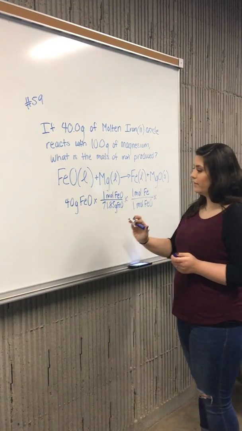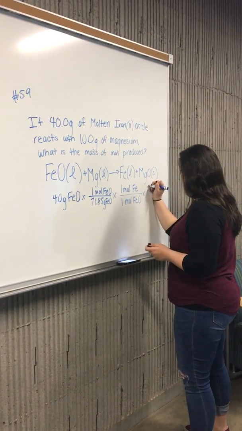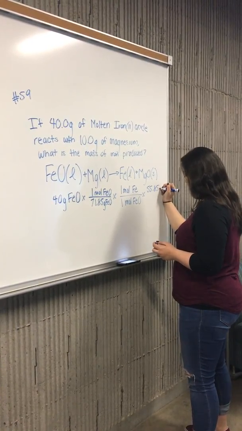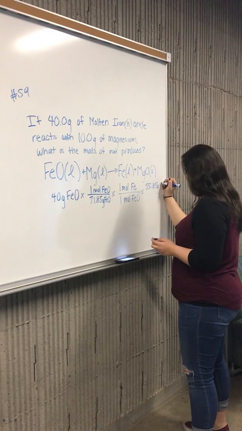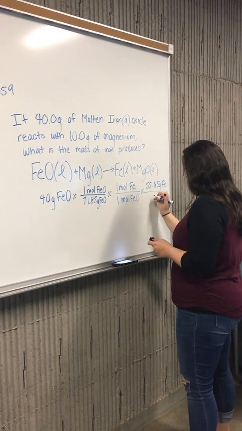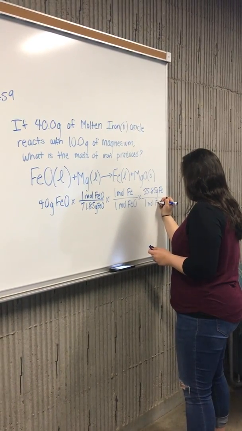And then you need to have your mass of iron, which is what you want to be able to figure out. So you have 55.85 grams iron, and then you have your 1 mole of iron.